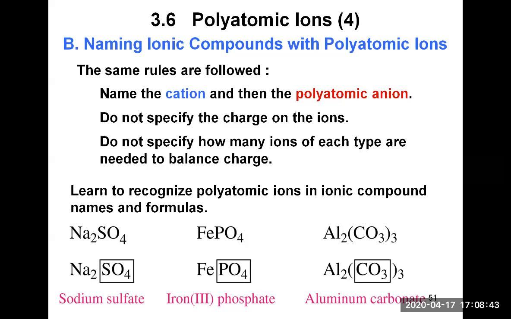If phosphate has 3 negative charges and there is only 1 iron to cancel those 3 negative charges, then iron has to carry 3 positive charges. And so that's why its name is iron(III), to say that it's Fe3+. And phosphate. Notice how we just use the name of the polyatomic ion.